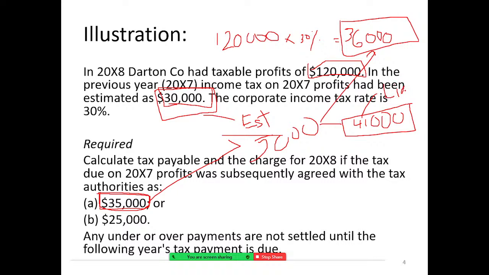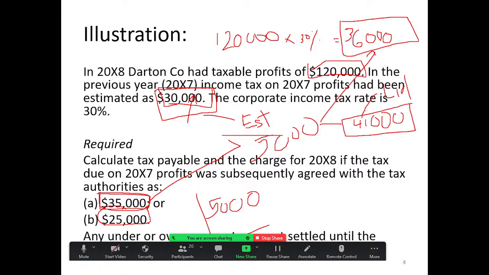Current tax liability payable. In this case, the actual payment is 25,000, but the estimated value is 30,000. Then how much? So overpayment, that is 5,000, right? 36,000 minus 5,000 equals 21,000, right?